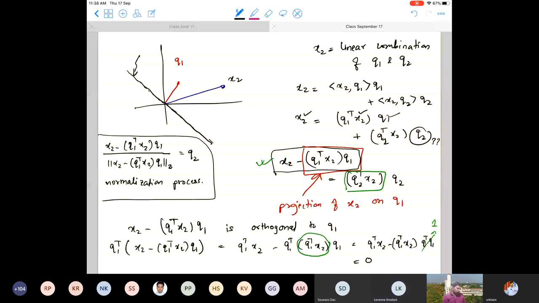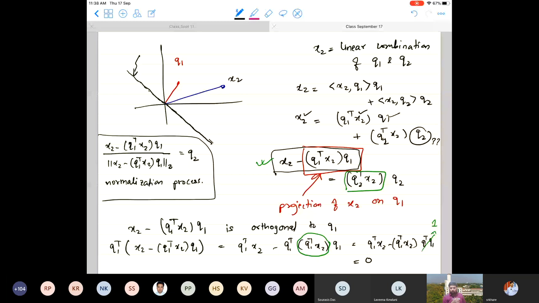Yeah. So you want to show that this vector, which I am highlighting in red, is orthogonal to this vector. What is it to say that two vectors are orthogonal? You take the dot product between the two vectors and show that the dot product is 0. If the dot product is 0, then you say that the vectors are orthogonal to each other.